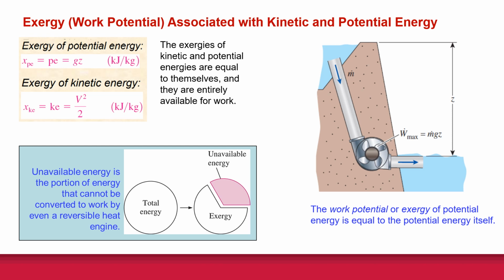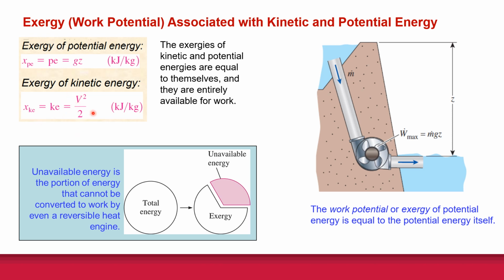So let's go over the exergy associated with kinetic and potential energies. These are pretty easy because the exergies of kinetic and potential energies are simply equal to themselves. They're both entirely available for useful work. Here, our book shows the formula for the exergy of potential energy, which is the potential energy per unit mass, and the exergy of kinetic energy, which is the kinetic energy per unit mass.